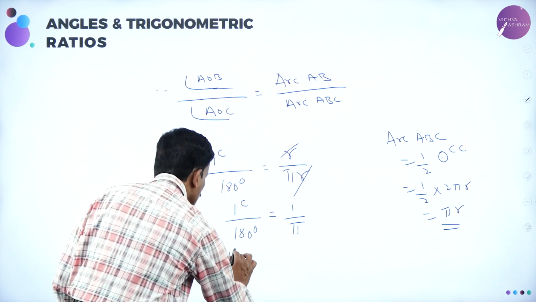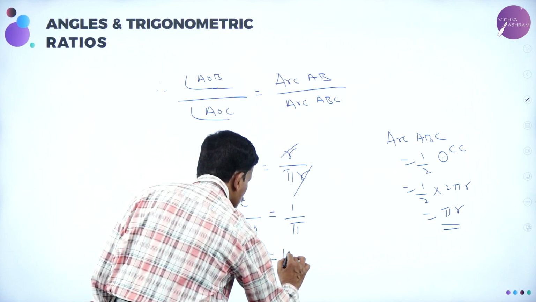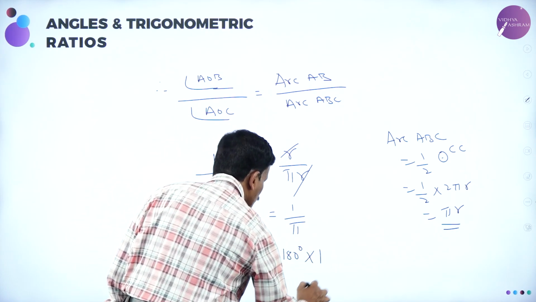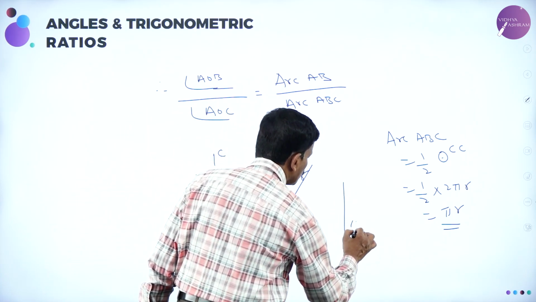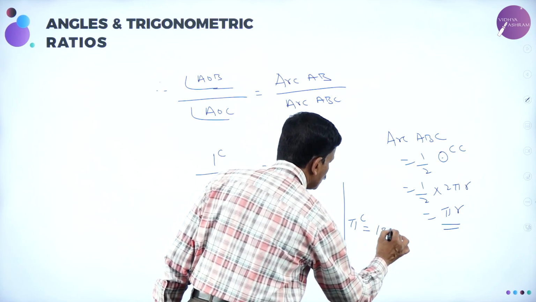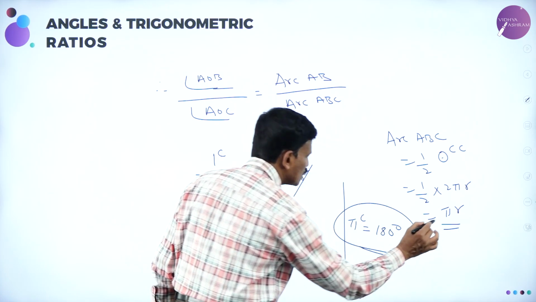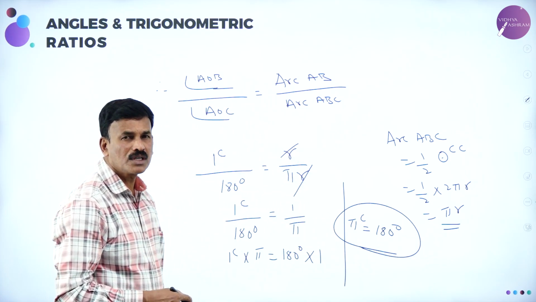Cross multiply. 1 radian into pi is equal to 180 degrees into 1. Therefore pi radians is equal to 180 degrees.